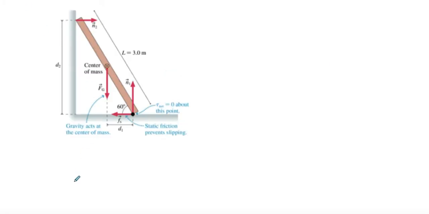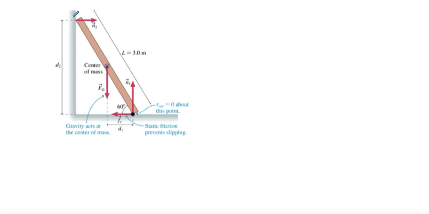So I have it set up right here, and you could come up with 4 forces acting on the ladder. There is the gravity force, which is pulling it down. There is a normal force from the ground, which is pushing it up. There is the friction force, which is preventing it from slipping.